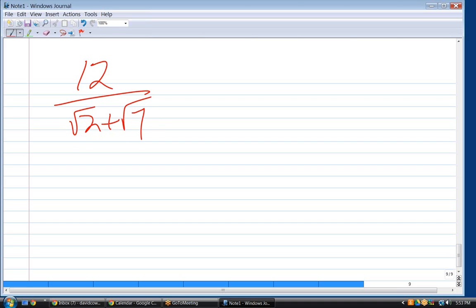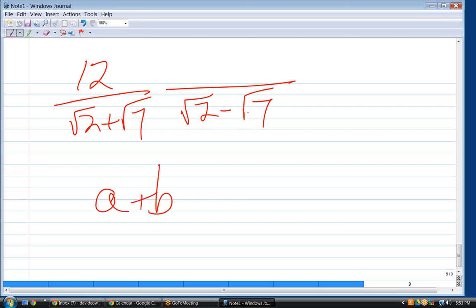Again, we have an irrational denominator that doesn't look like we can do much with. But if I multiply this thing by its conjugate, now you know what I mean by conjugate? In other words, the conjugate of a plus b is a minus b.